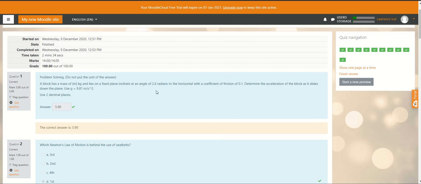Question number one is a computation. It says a block has a mass and lies on a fixed plane, with an angle of 2.6 radians.